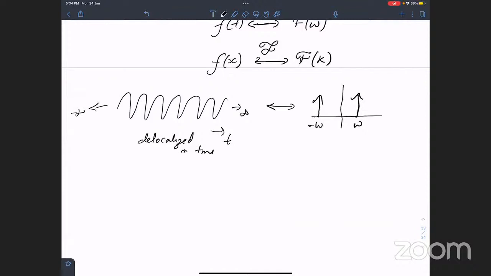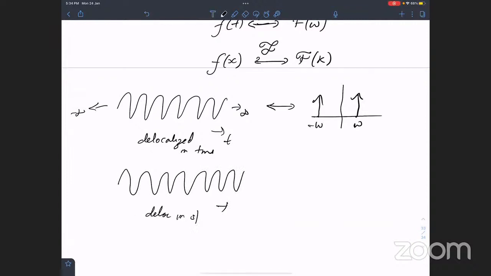And equivalently, if something is delocalized in space, then it will be localized in k, it will have a very definite k. Okay, so I hope this concept is now clear to you, right?